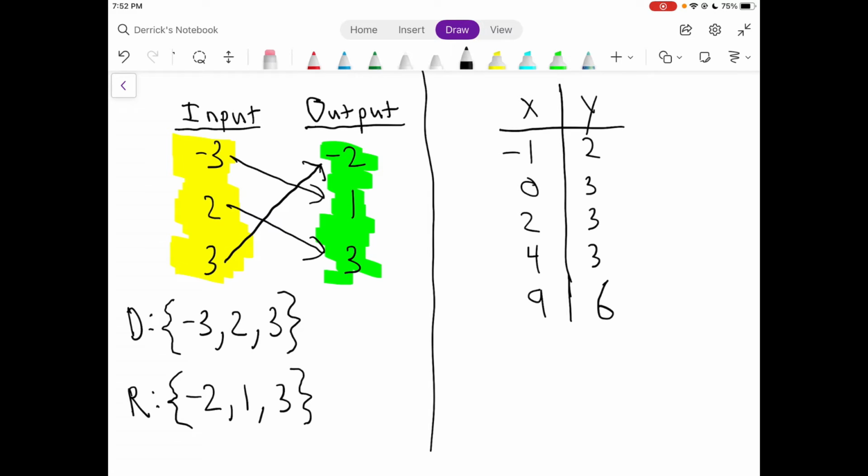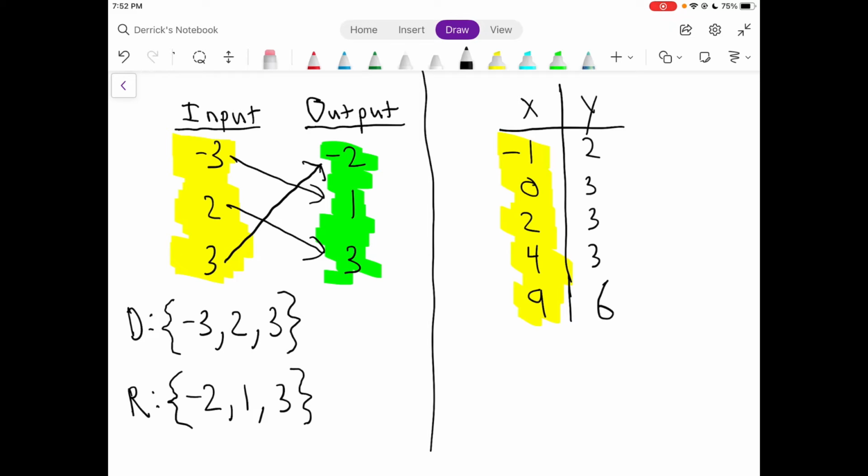Now if we look at the right half of the screen, this other example is an XY table. Not really that different from a mapping diagram if we recognize that x is our input and y is our output. So it's still the whole left column here representing our input. And we still can only use the information we have in front of us. We don't have the entire function or anything like that.